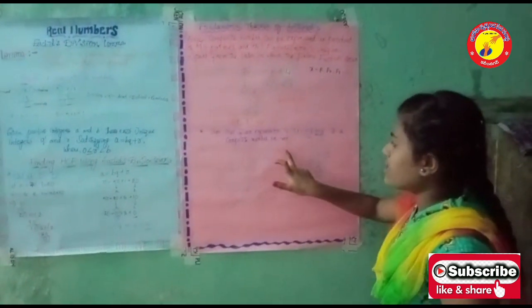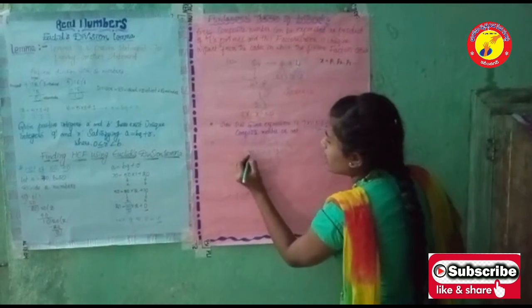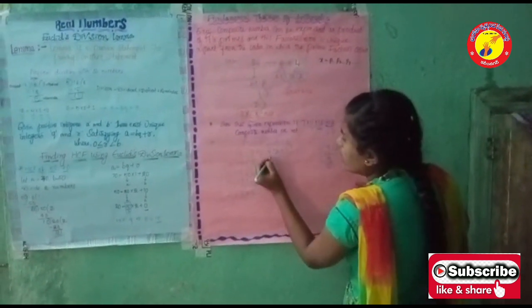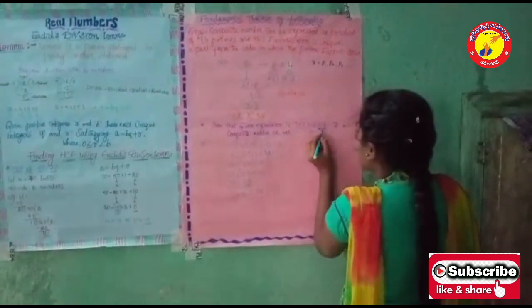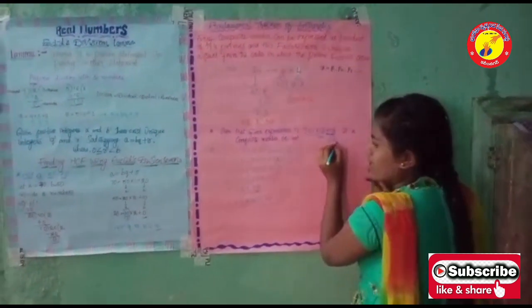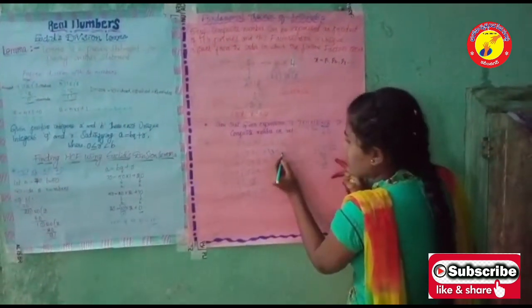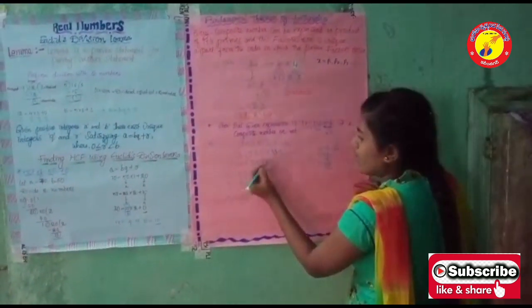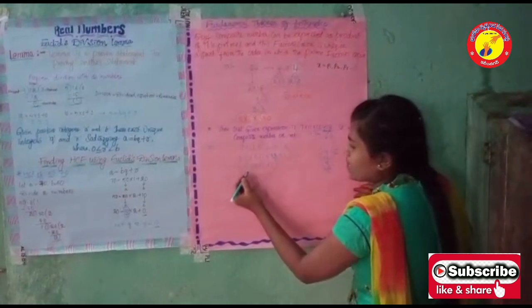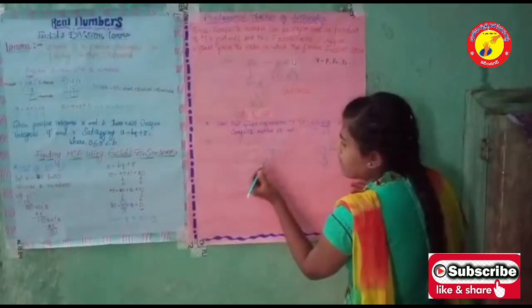Here 13 is common, so take 13 common. The 13 can be written as 1 into 13, so we get 13 into (7 into 11 plus 1). So 13 into (77 plus 1).